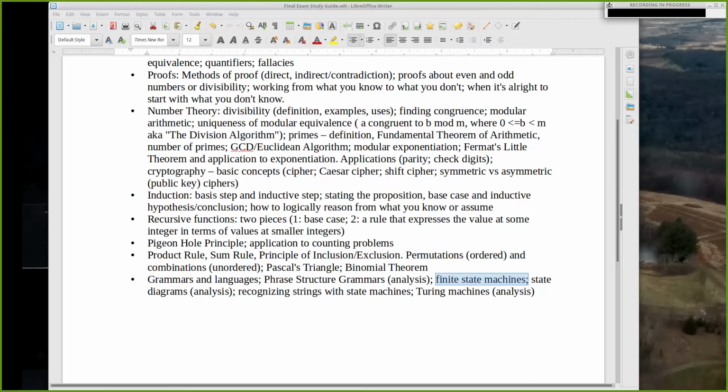All right, other questions or comments or thoughts? Yeah. Could you go over doing a proof in like number theory or something like that?